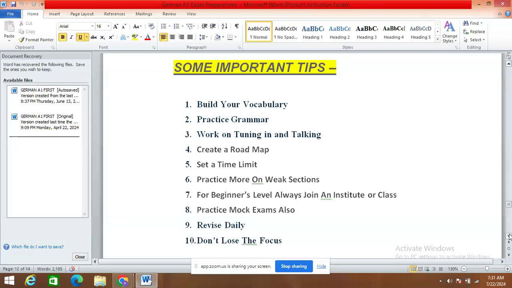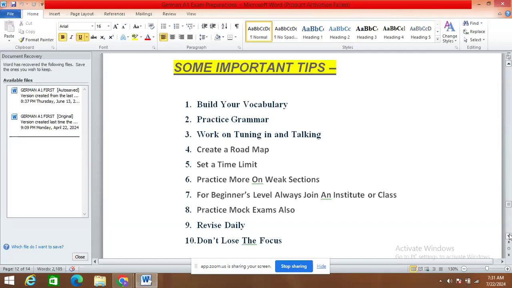The more you speak, the better grip you have. Try to listen to German songs, poems, and stories, and then try to speak them. Create a roadmap; for example, I'm creating a roadmap for myself, that first I will start preparing for Schreiben, then I will prepare for Lesen, then Sprechen, and then Hören.